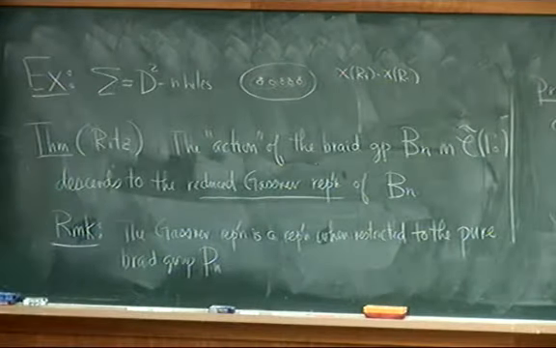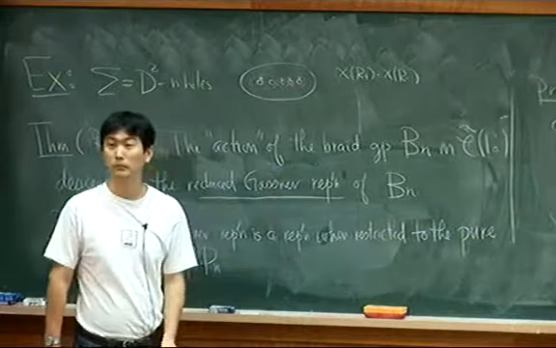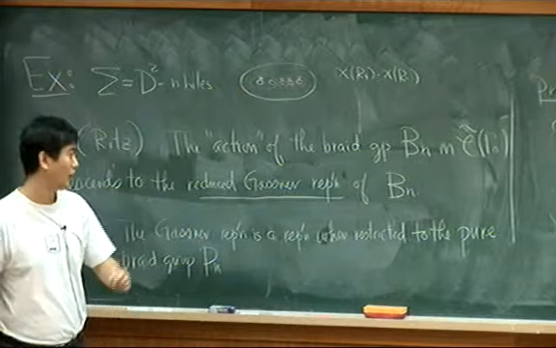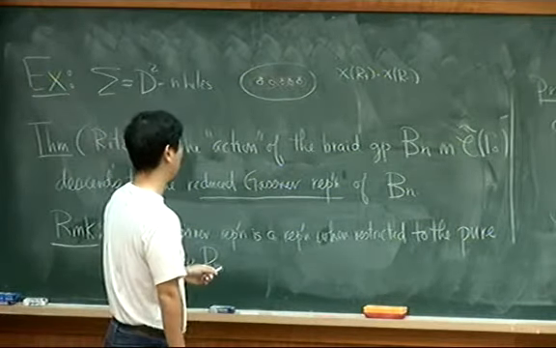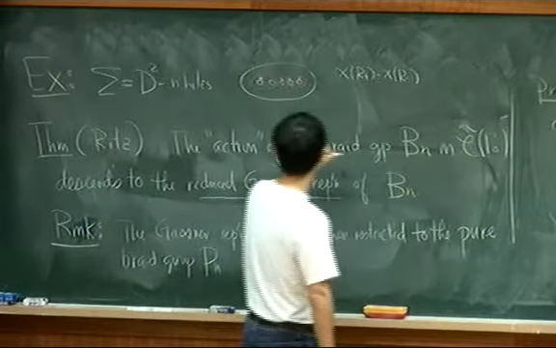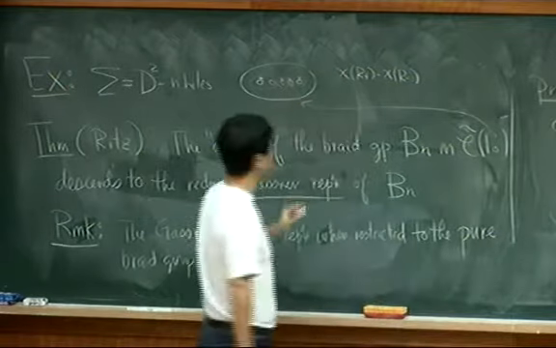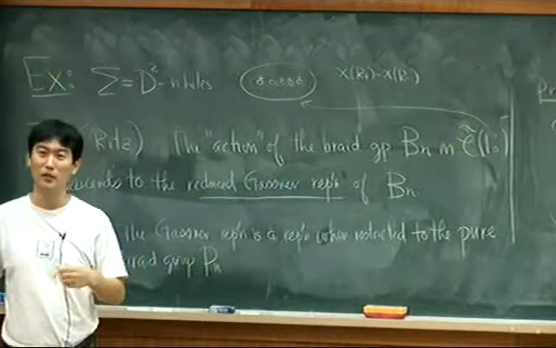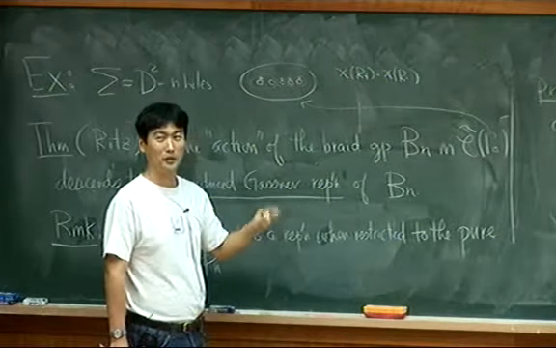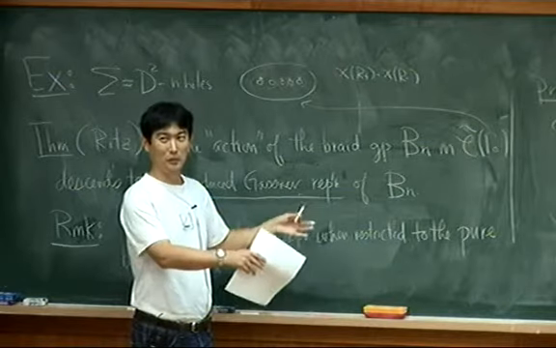In particular, this Gassner representation acts on some exterior algebra of H1. No, the Gassner representation, C tilde of gamma naught, where gamma naught is this. The classical Gassner representation doesn't act on the exterior algebra; it acts on the lambda 0, wedge 0, of the exterior algebra.